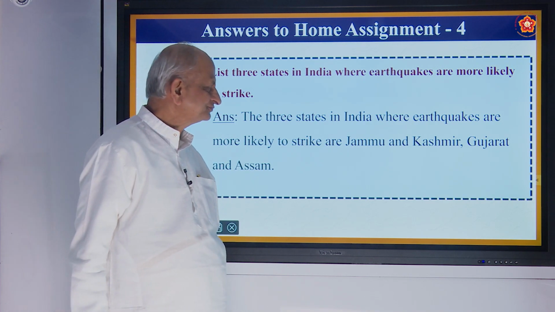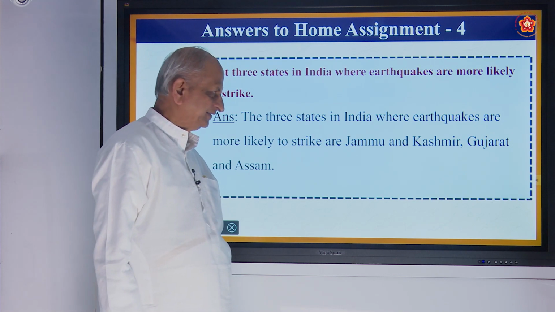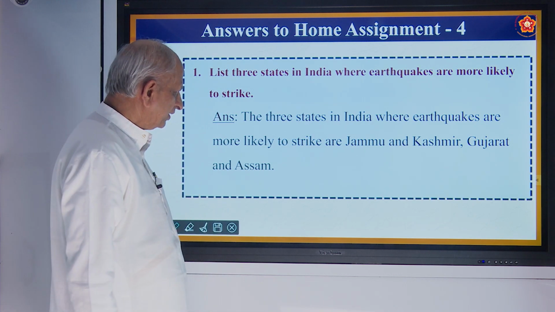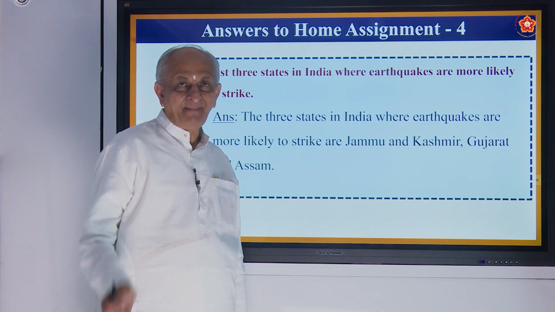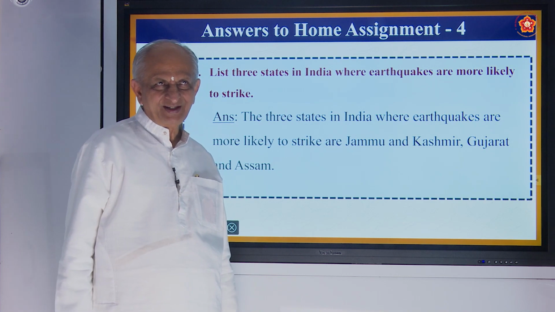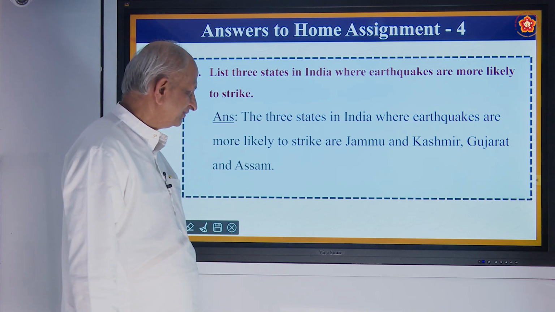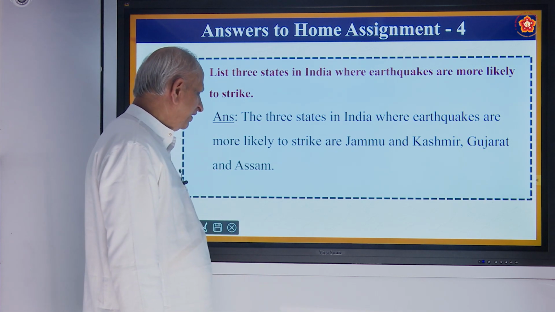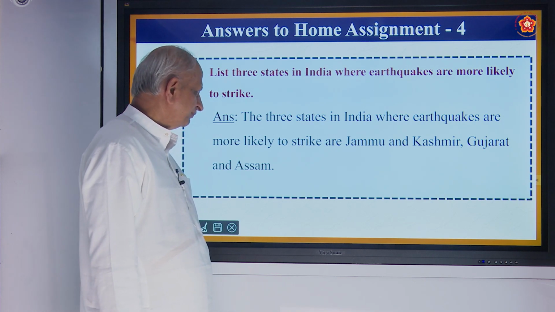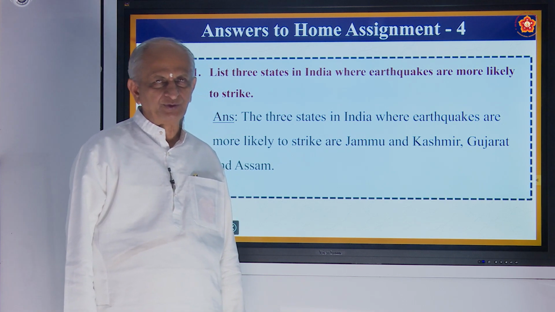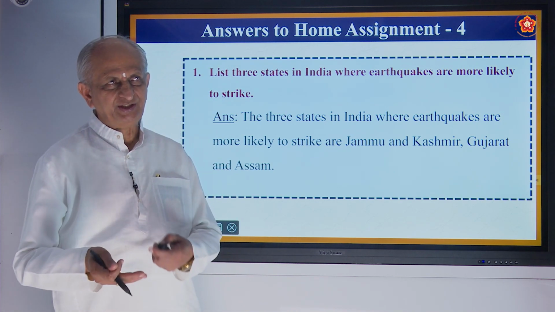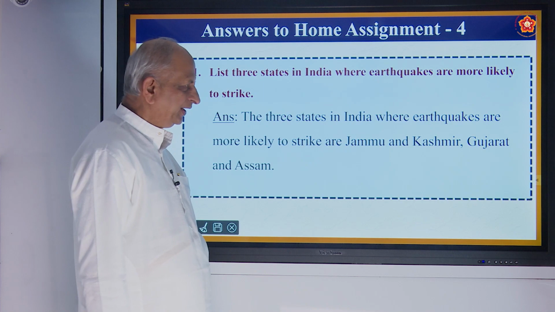Is it not? One of the most beautiful states, because of gardens. Apple is very famous. Lot of hilly regions. Then you have Gujarat, and then Assam. Of course, wherever the earth's crust is thinner, these earthquakes are more likely to happen.